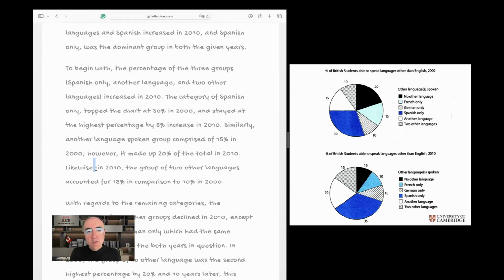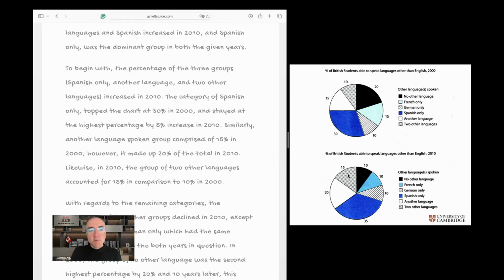Likewise, I don't need this comma. In 2010, the group of two other languages accounted for 15% in comparison to 10% in 2000. So in 2000, two other languages was 10%, and in 2010 it was 15%. We can say likewise, it is the same trend. We go from 10 to 15, 15 to 20, 30 to 35.